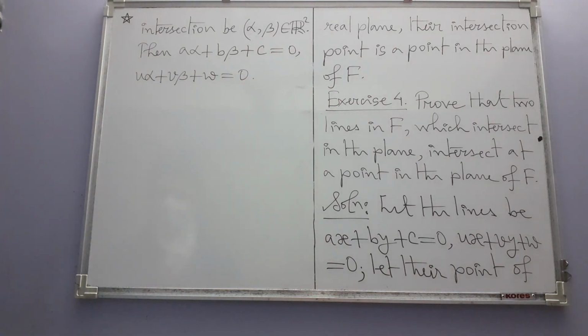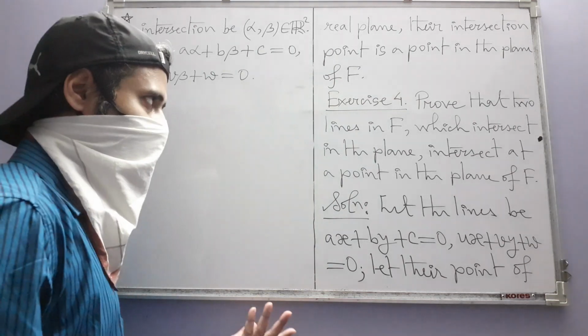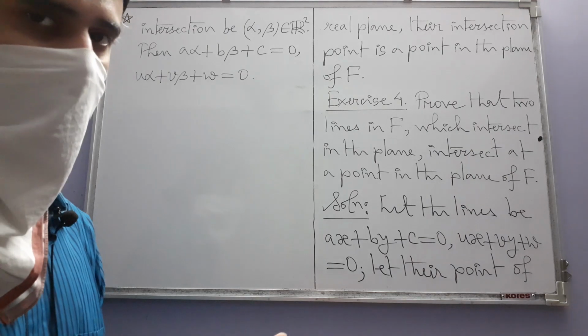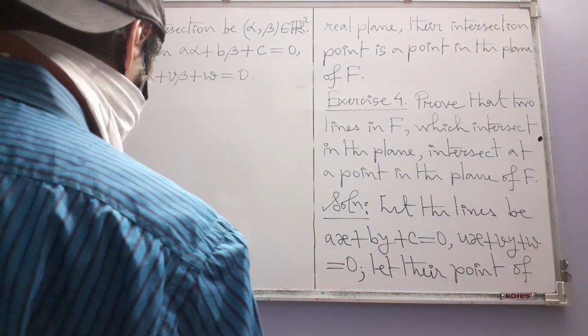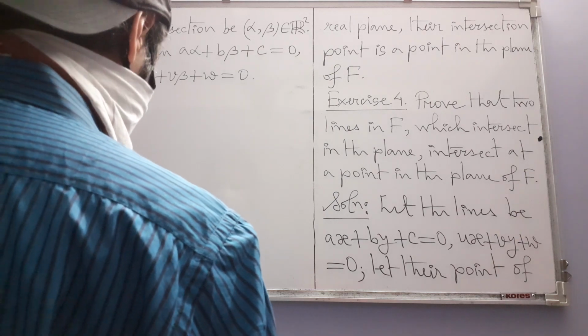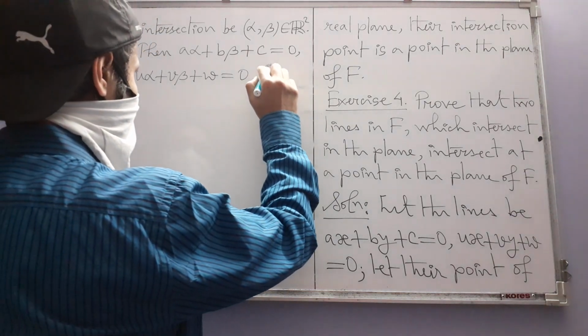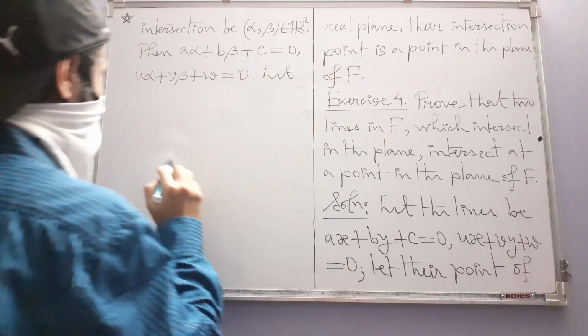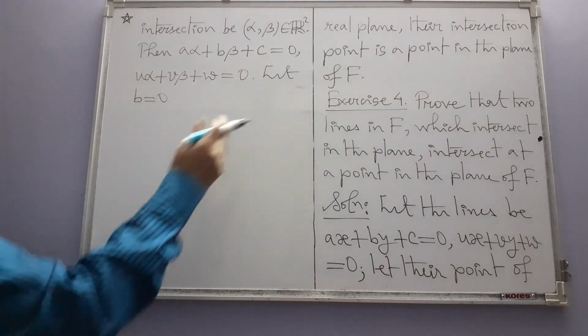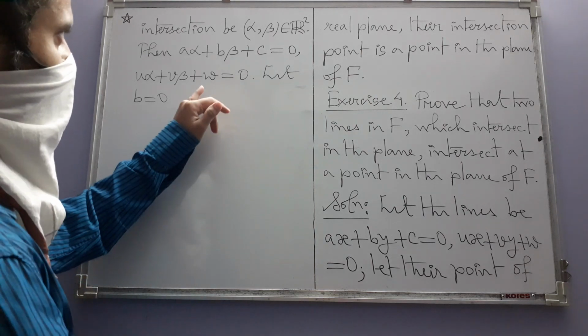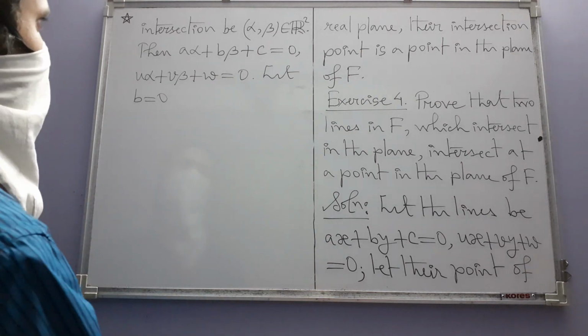Okay, now there are some cases, just like in the third exercise we considered some cases. Here also we are going to consider some cases. So the first thing is this: let b be equal to 0. B may be 0, may not be 0. Let's first see what happens when b is 0.